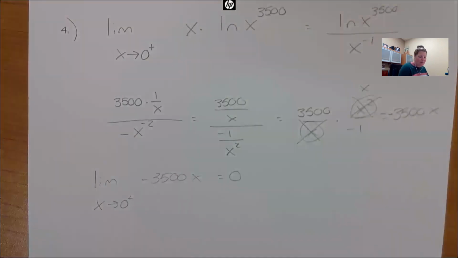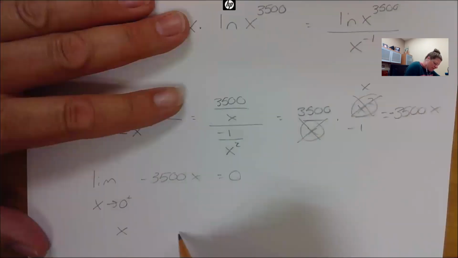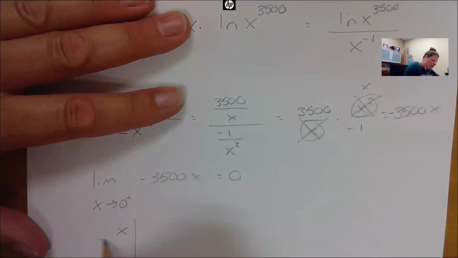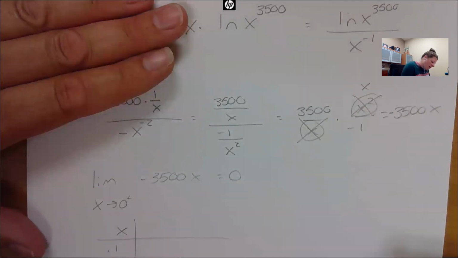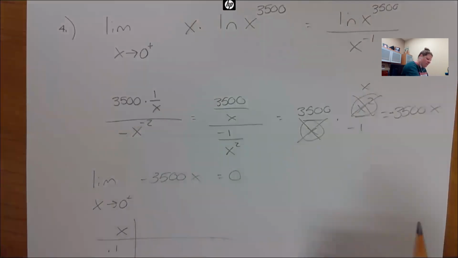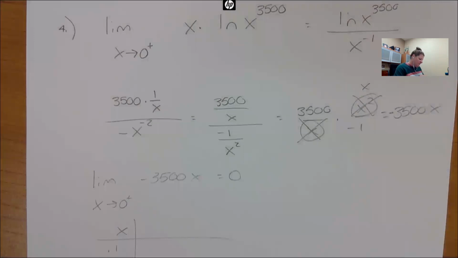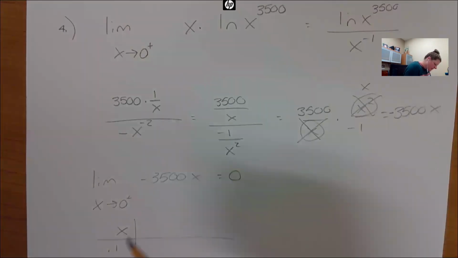But you're coming from the positive side. Maybe we should do our little chart just because. So what is on the positive side of 0? 0.1, 0.01, 0.001. And so we're going to put those values in. 0.1 times negative 3,500 is negative 350.